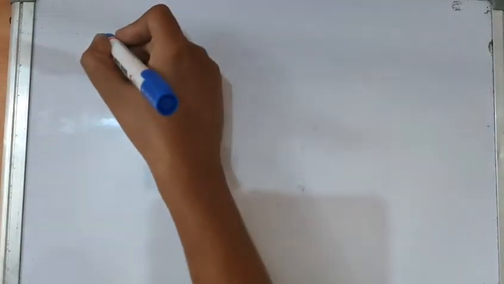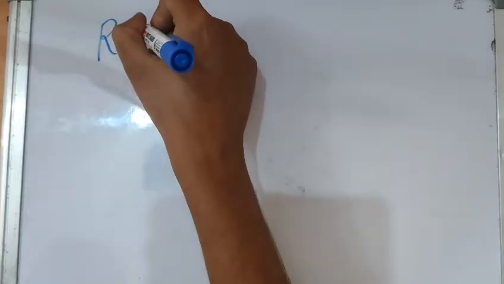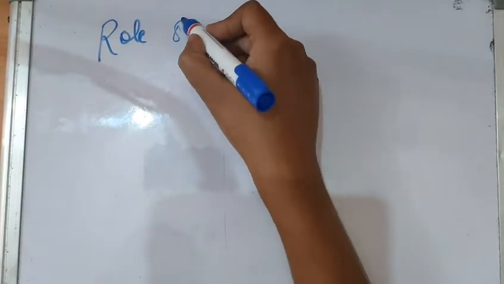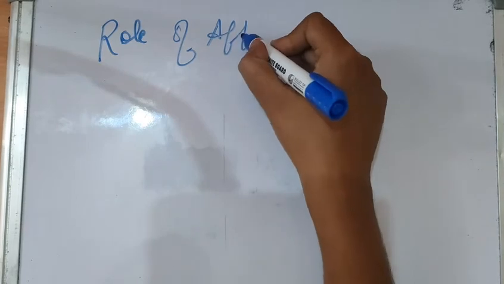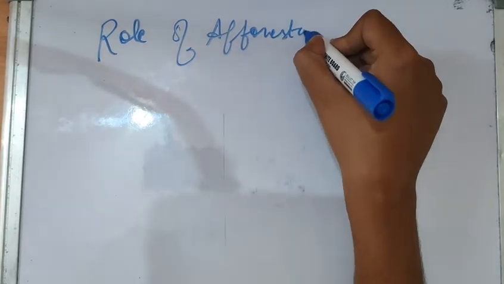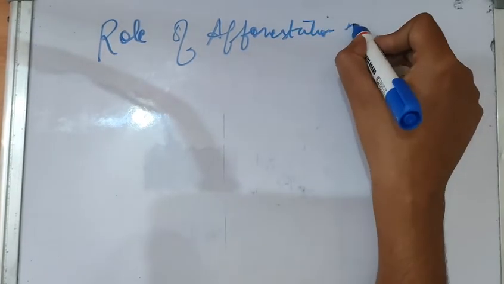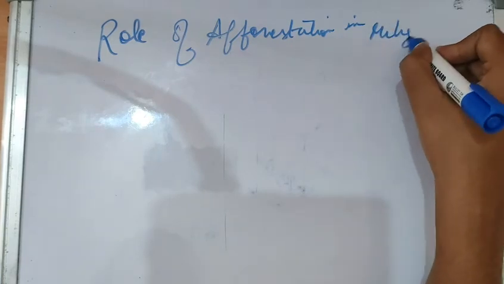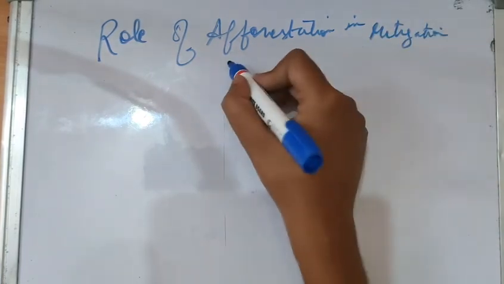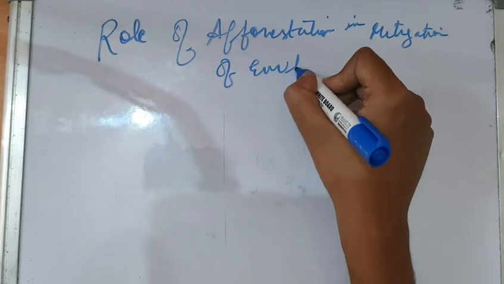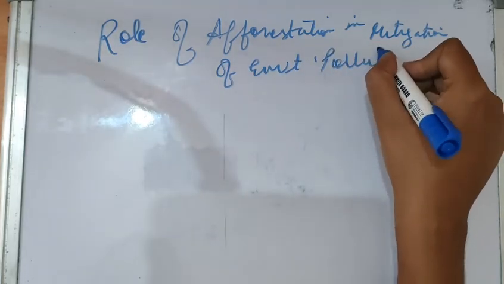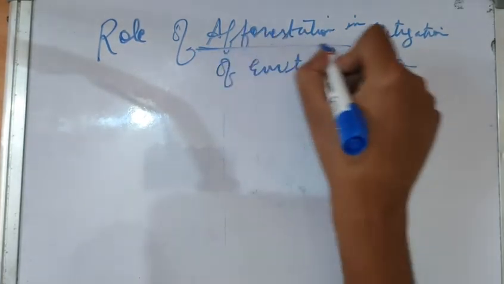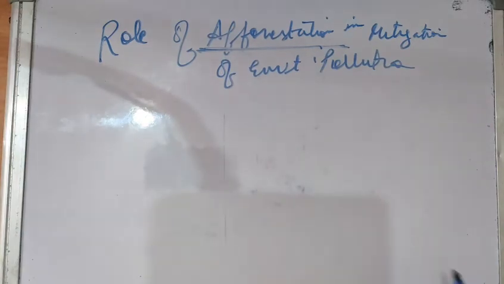Now there was one question asked in a previous year which is very important: role of afforestation in mitigation of environmental pollution. How is afforestation helpful in mitigation of environmental pollution? So we will look into it.